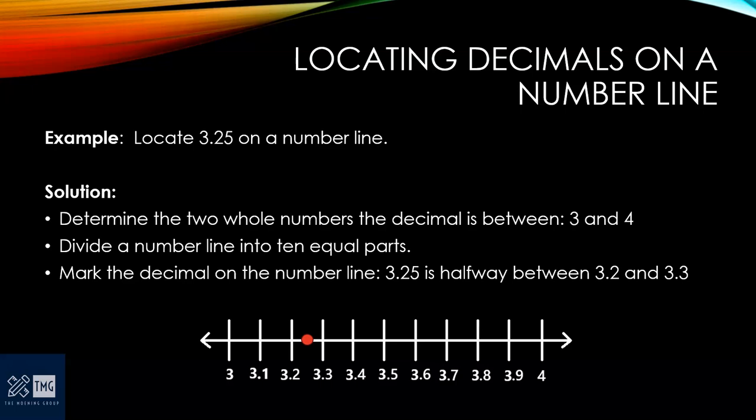That way we have a better idea of where the number lies. If you just have a 3 and a 4 and you're like 3.25, it doesn't work as nicely. So we want to make sure that we have this spacing and get a more accurate locating of that decimal on the number line.